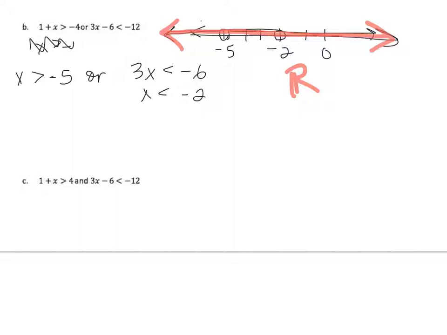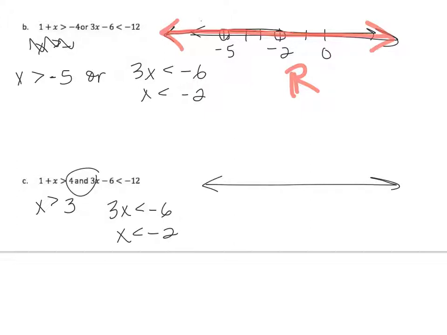Okay, and the last one, go ahead and solve it. I have subtract 1 from both sides. X is greater than 3, and add 6 to both sides. 3x is less than -6. Divide by 3, x is less than -2. So let's see if these and statements can give us anything that overlaps. -2, -1, 0, 1, 2, 3.